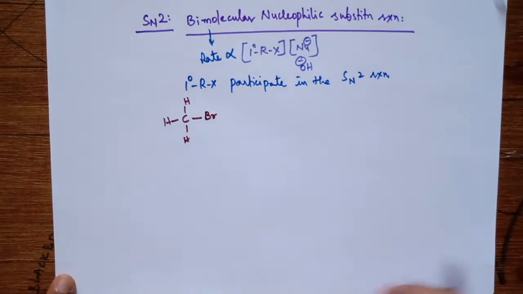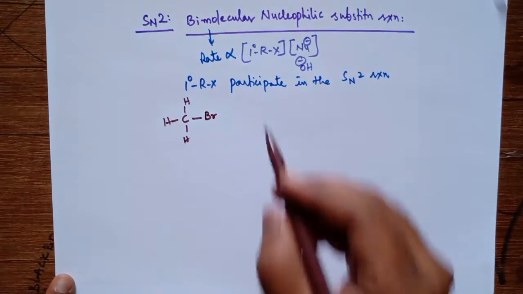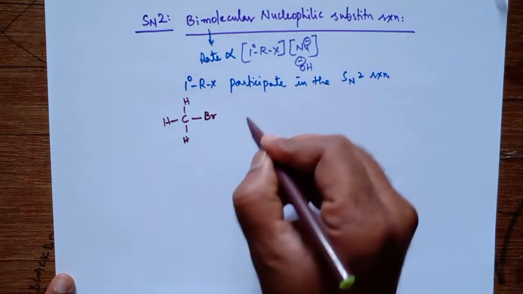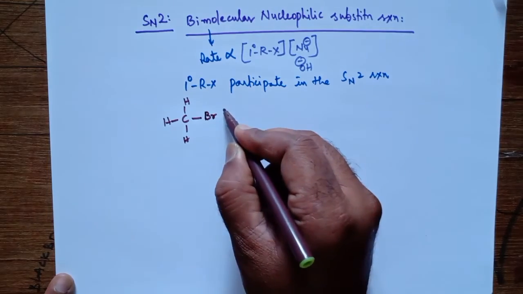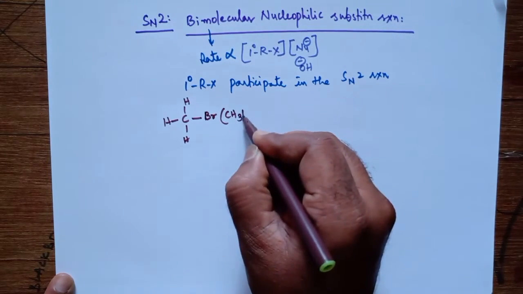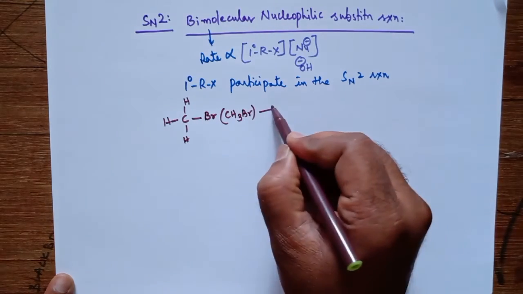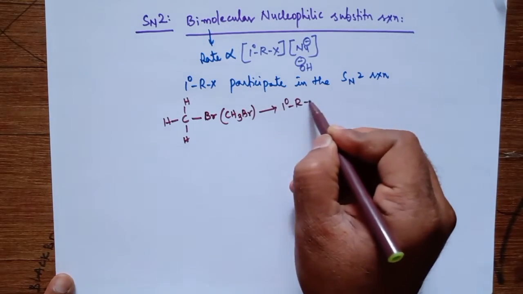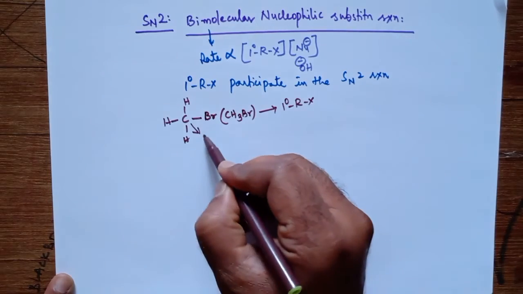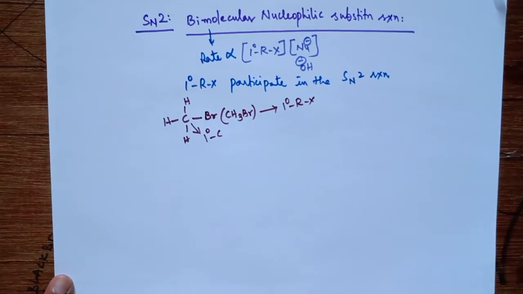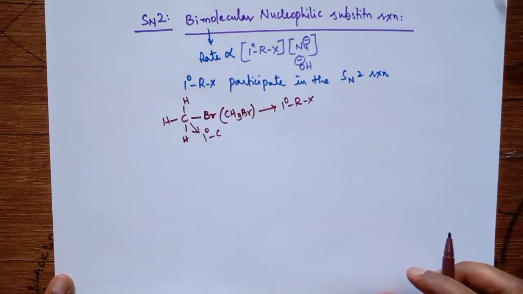So this one is a primary alkyl, CH3 bromide, right? In other words, you can write it as CH3Br. So this is a primary alkyl halide. This carbon is the primary carbon.